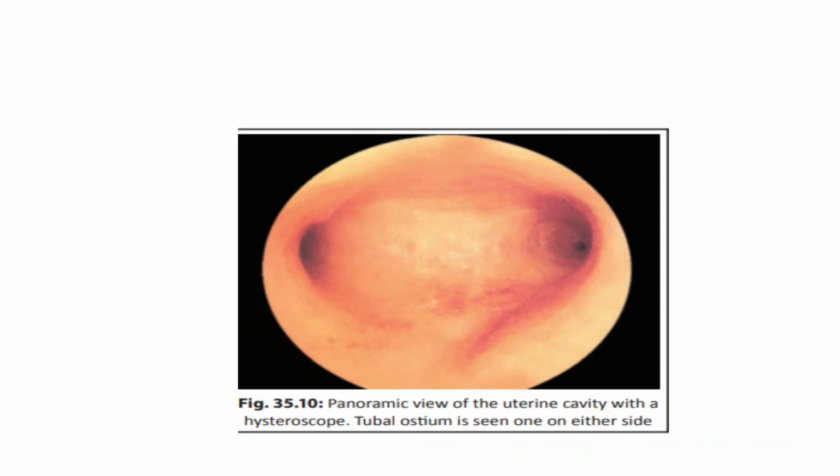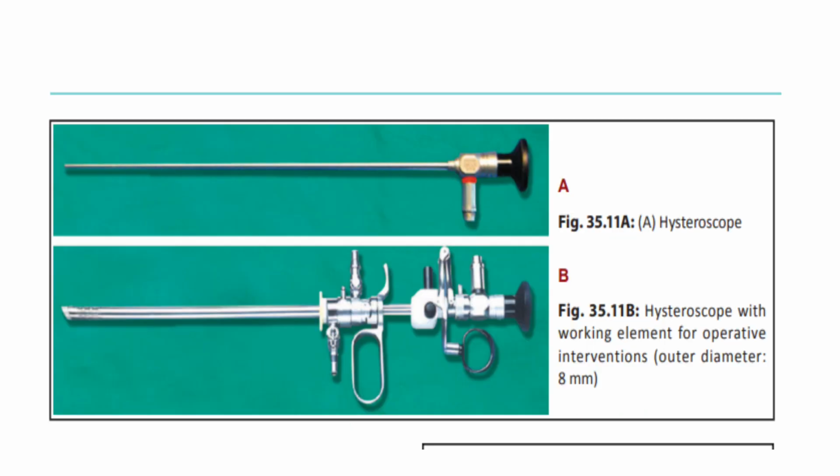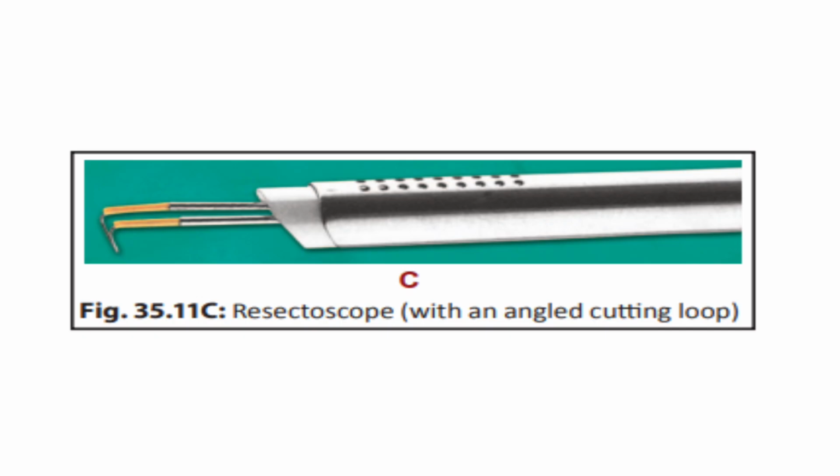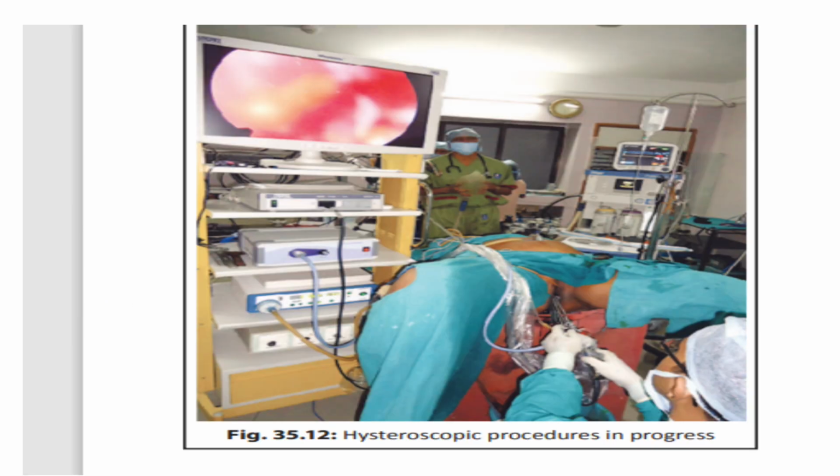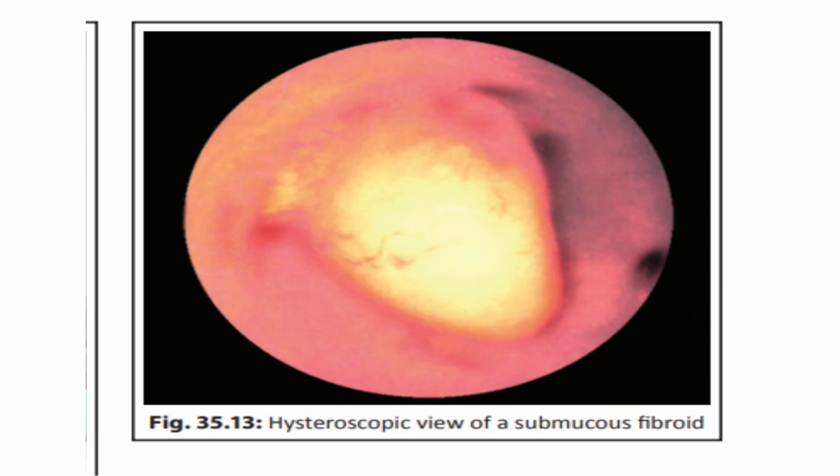This picture shows the panoramic view of the uterine cavity with a hysteroscope. Tubal ostium is seen, one on each side. This picture shows hysteroscope and hysteroscope with working element for operative interventions. This picture shows the resectoscope with an angled cutting loop. So this is a picture of hysteroscopic procedures in progress.